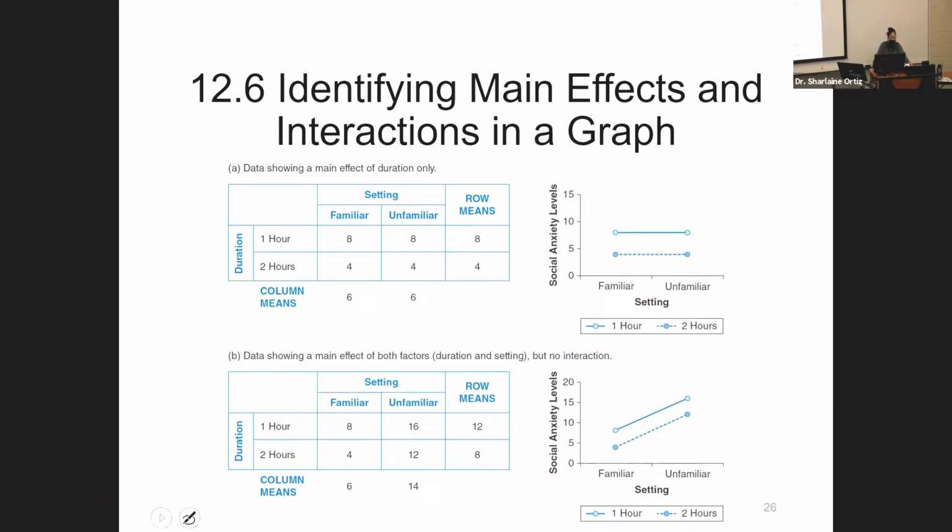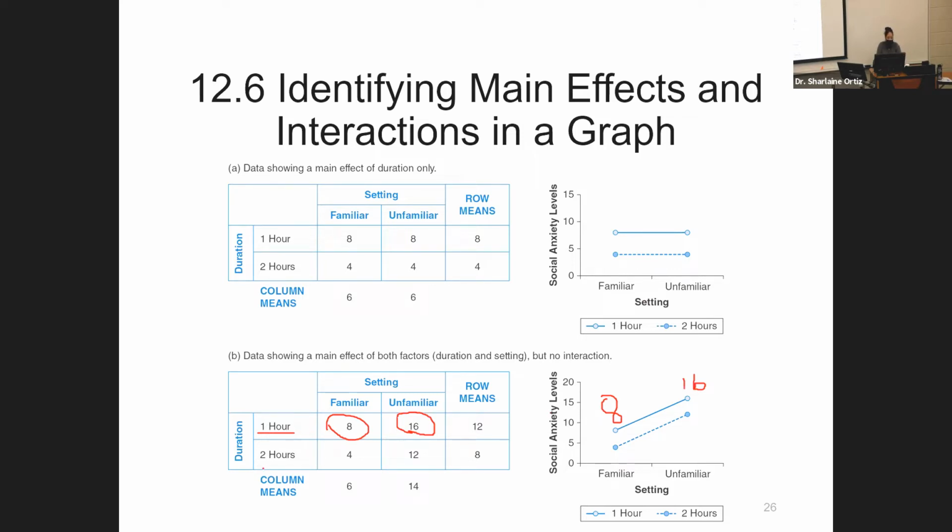Notice that if we look at a familiar setting for 1 hour, the score that we're going to obtain is an 8. If we revert to another score, which would be for 1 hour, but this time under an unfamiliar setting, notice that this graph now represents a 16. So notice that we do have a particular increase of anxiety.